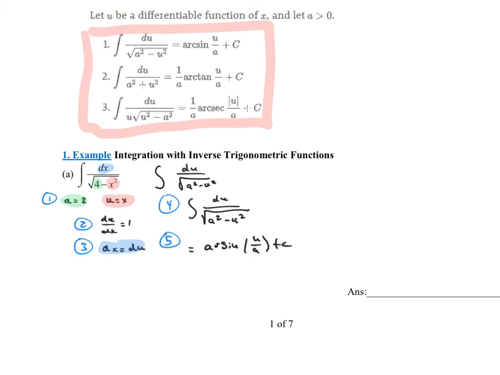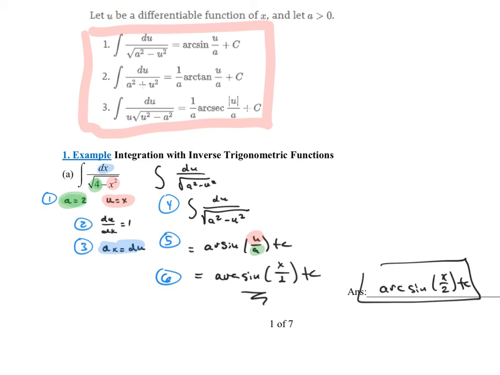Well, now we can back substitute for our a value, which was 2, and our u value, which was x. In step 6, rewrite the integral as the arc sine of u, which was x, over a, which was 2, plus c. So again, the final answer is the arc sine of x over 2 plus c.